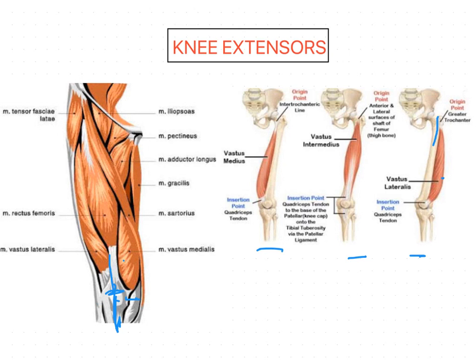So we know this is the long axis of the femur, and the action line of the vastus lateralis makes an angle of 12 to 15 degrees with it.